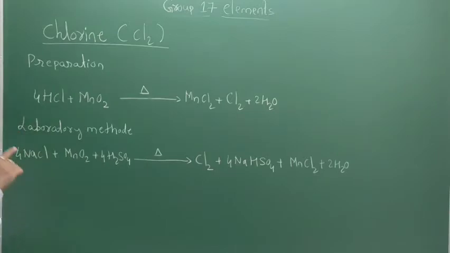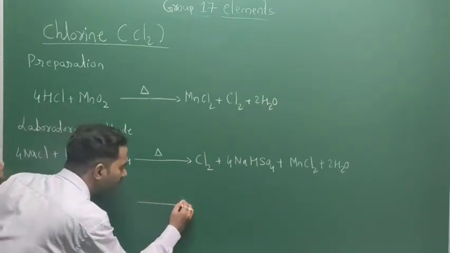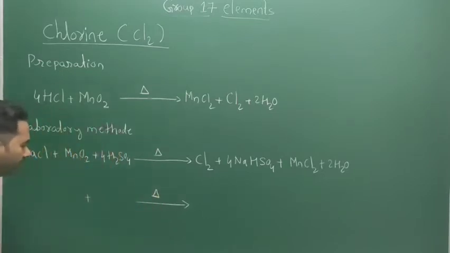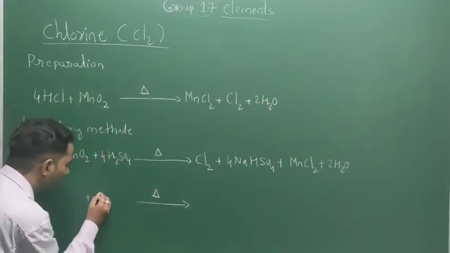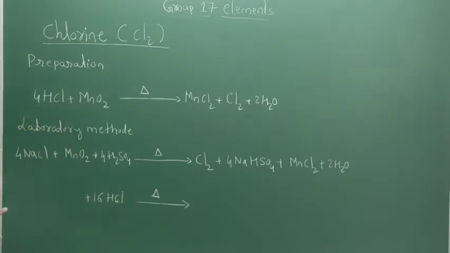So here, chlorine can also be prepared by heating hydrogen chloride with potassium permanganate.